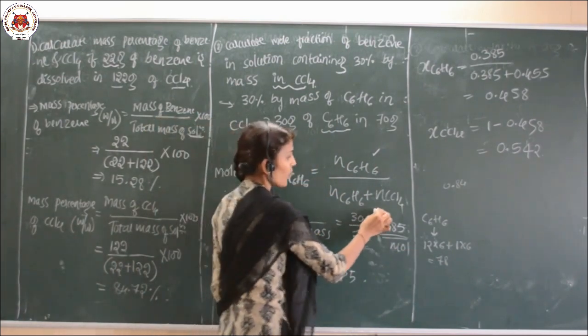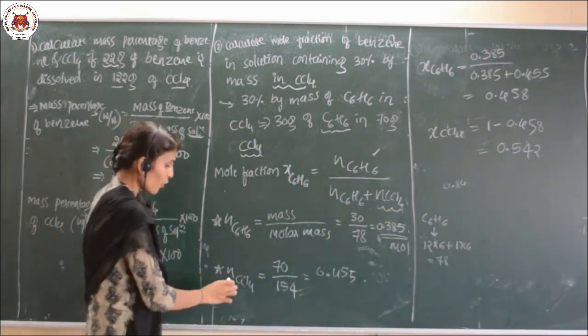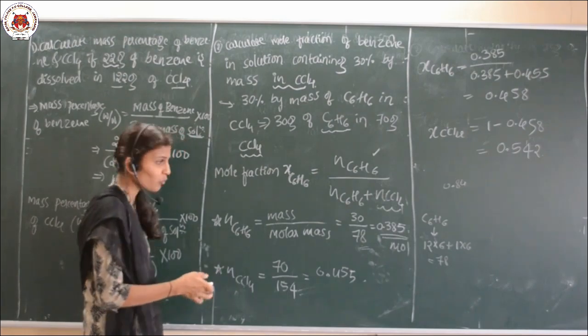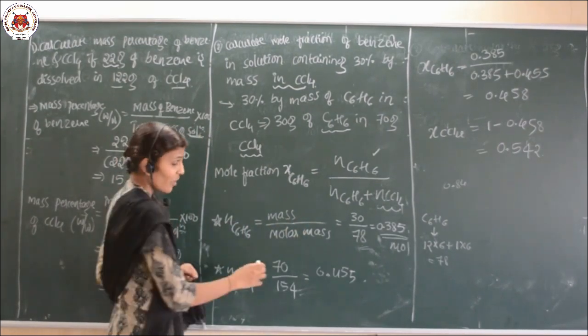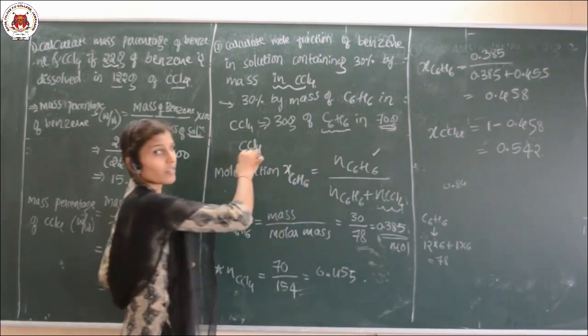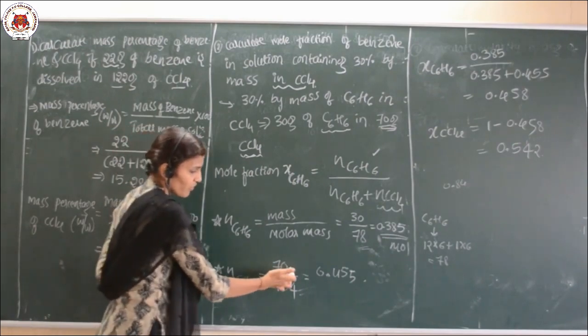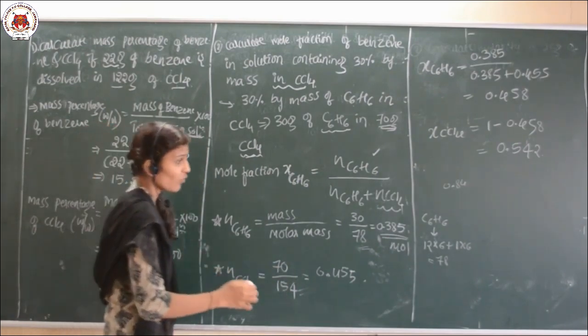We also need to calculate the number of moles of the CCl4. So number of moles of CCl4, again the same formula, mass divided by molar mass. But what is the mass of the CCl4? 70 gram. So 70 divided by 154, which is the molar mass of the CCl4.